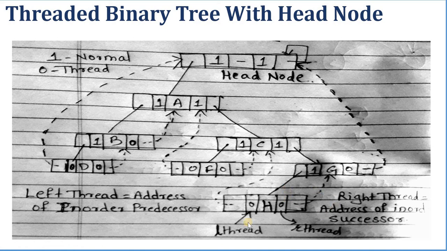So this 0 and 1 is nothing but the L thread and R thread values, or L bit or R bit values. 1 means it is normal, holding the address of the normal child, whereas 0 indicates there is a thread pointer. So this is a threaded binary tree with a head node.